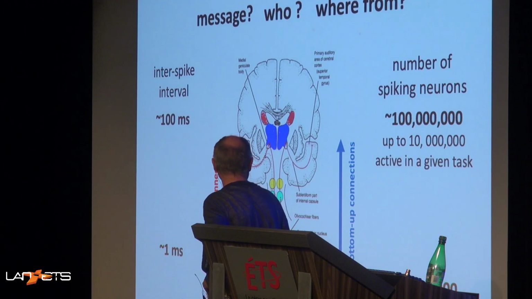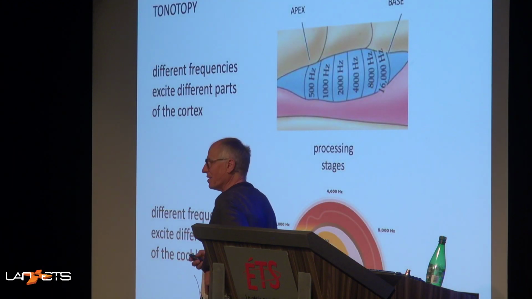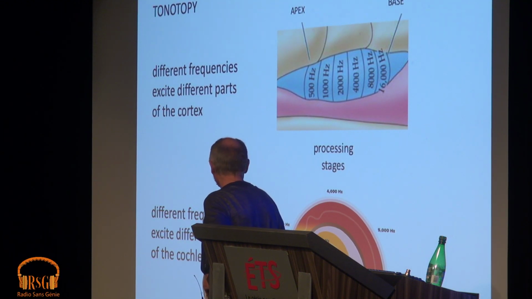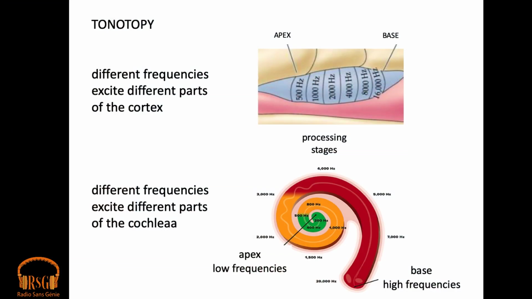Another property of human hearing is that at the periphery, you analyze the signal into different frequency bands, critical bands, right? So basically spectral analysis happens at the periphery in the cochlea. But all the way to the auditory cortex, the division of the signal into different frequency bands is preserved in a tonotopy.